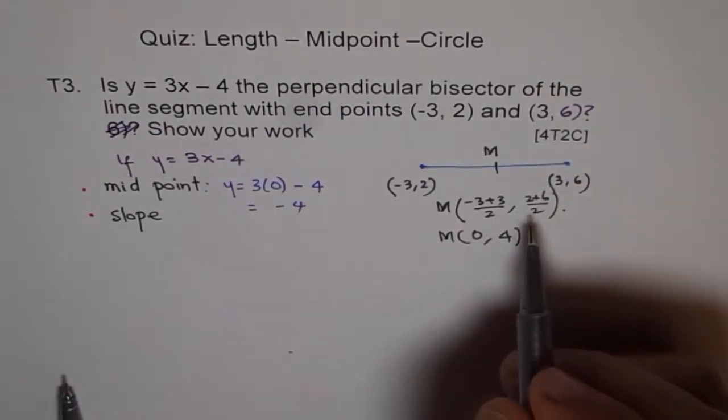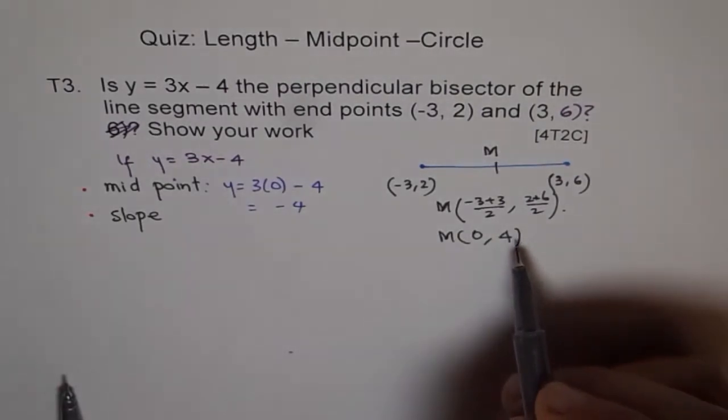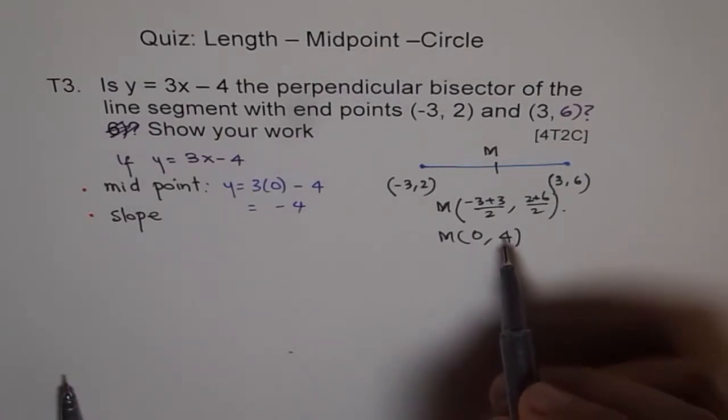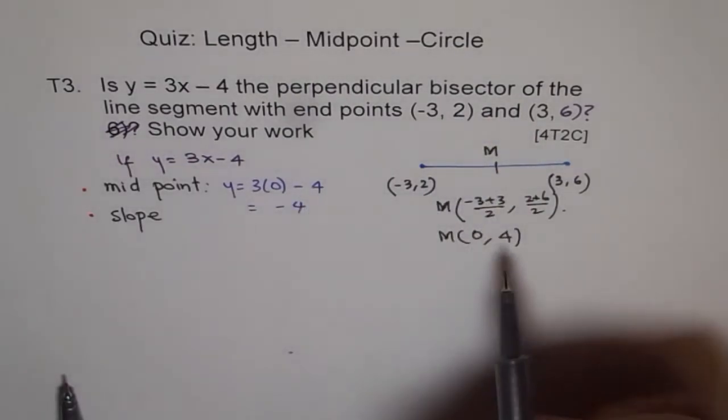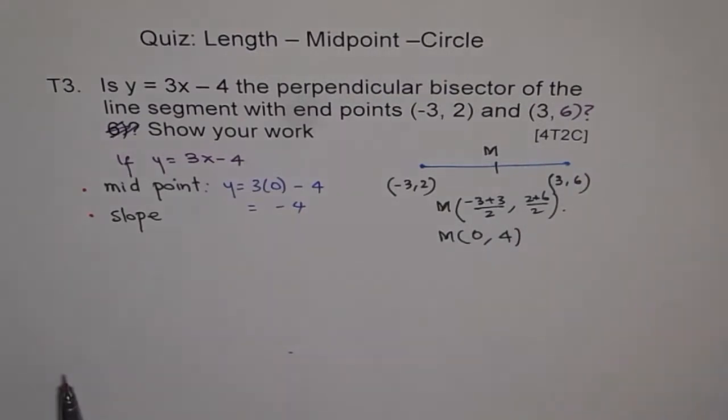Not plus 4, right? So that means it is not the midpoint, because it should be minus 4. So it is not a perpendicular bisector because the point is minus 4 and not 4. Do you see that?